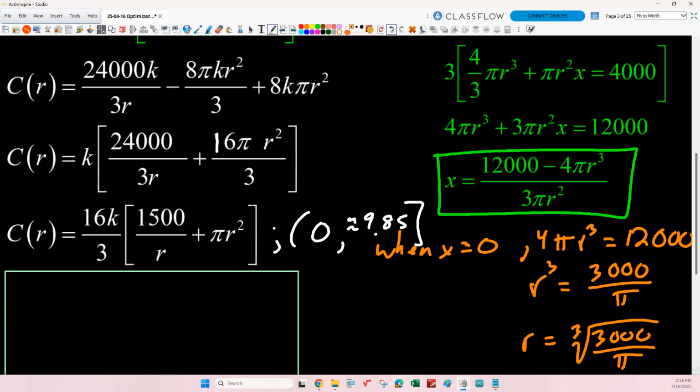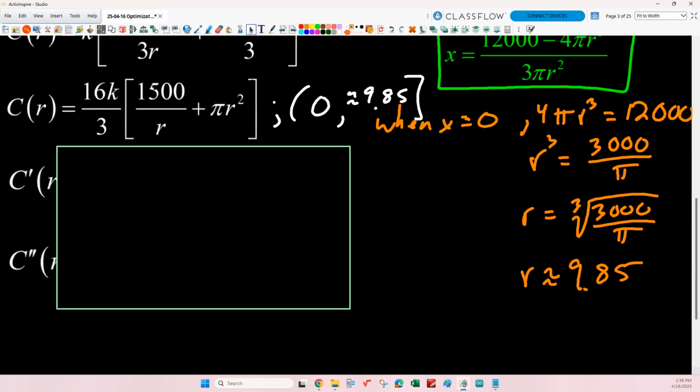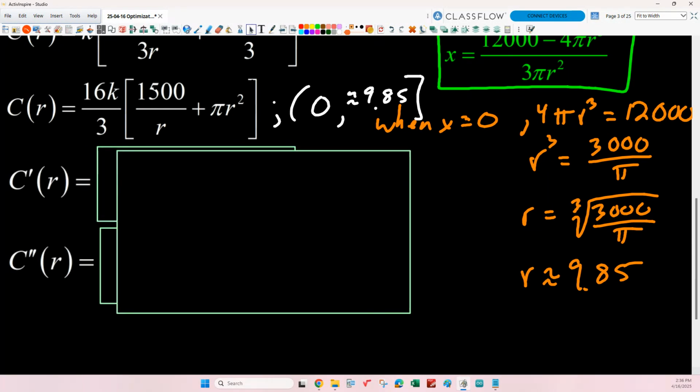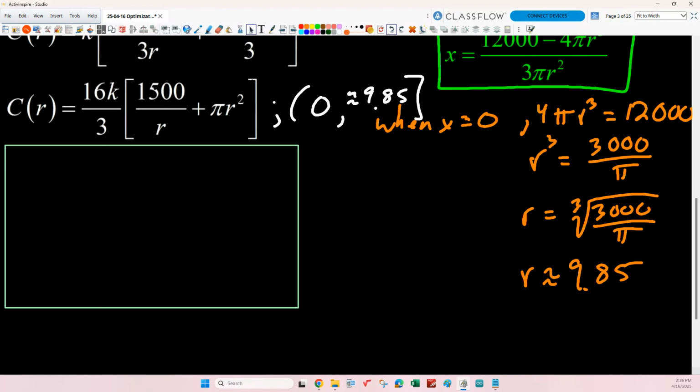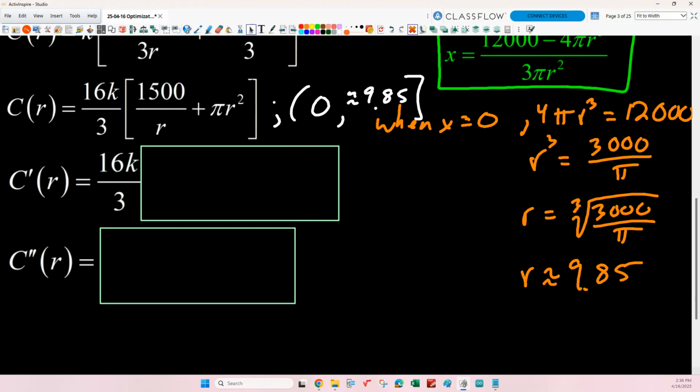Yeah, just take derivatives. Right? And how would we do that? Well, the constant will just stay out front. What's the derivative of pi r squared? 2 pi r.